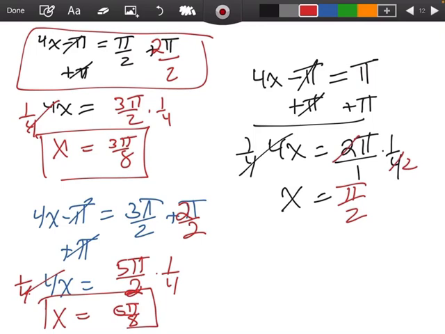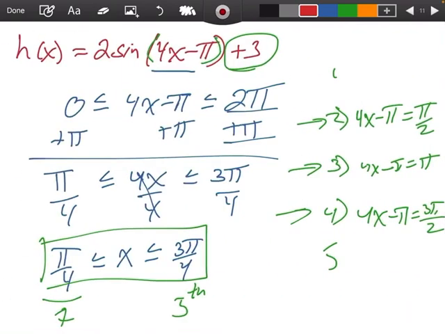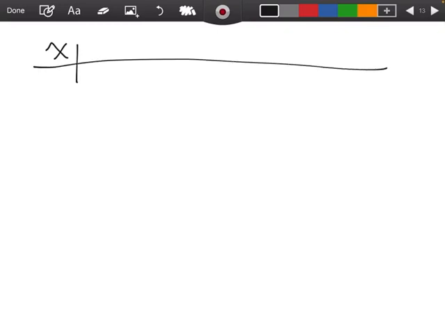Okay. All right. So now what we're going to do is write out our 3 values. So let me come back here. So I have pi over 4, 3 pi over 4. Okay. So let's do it like this. We're going to say x, and I know the first one is pi over 4, and the last one was 3 pi over 4.